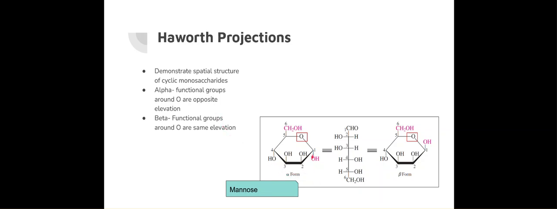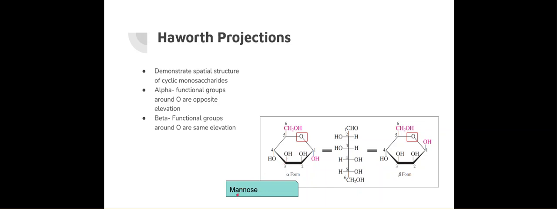You have this OH down here and this alcohol above. And the beta is going to be where they both have the same elevation around this oxygen. But both of these are identical to this Fischer projection. So they're the same molecule, just in different configurations.